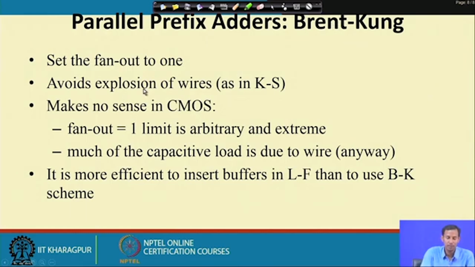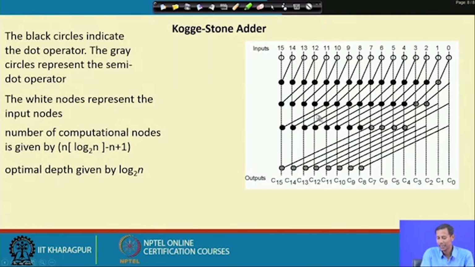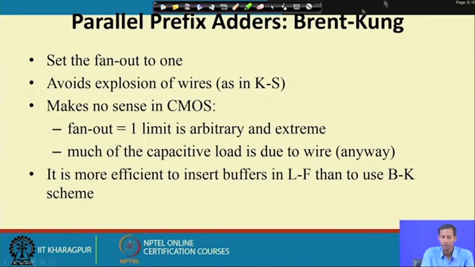So, how has it been generated? By setting the fan-out to 1. Another problem with the Kogge-Stone adder is that more wires are there. To reduce the number of wires, we come to this adder architecture, the Brent-Kung adder.